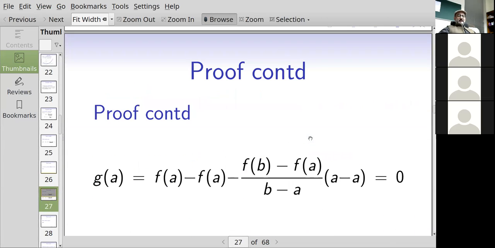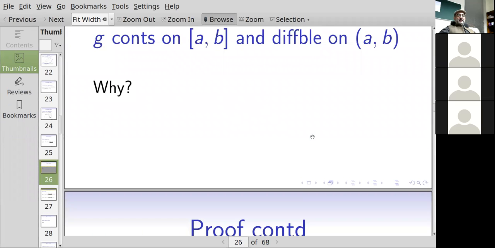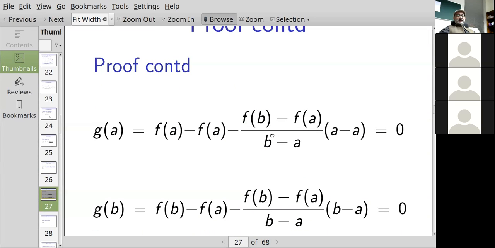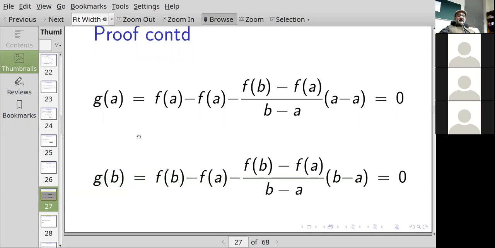Now if I put in x equal to a, then g of a is this, which works out to 0. And the way I've defined g, it turns out that g of b is equal to 0.